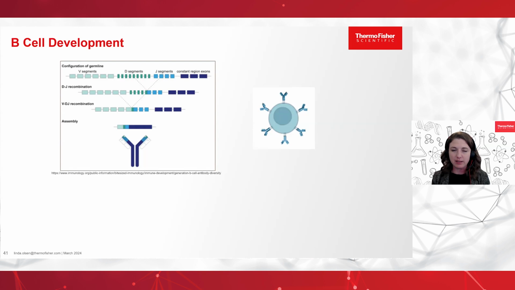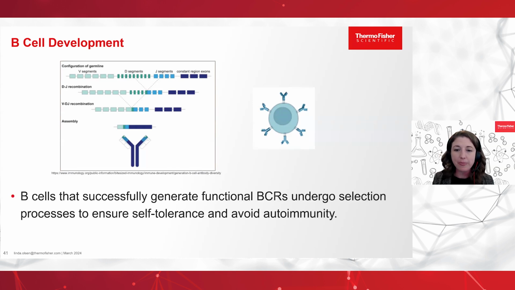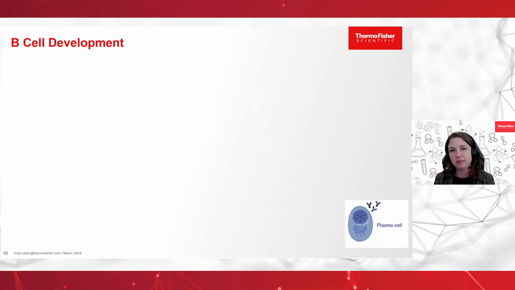And so, you get significant variability, significant possibilities in this somatic recombination as your body is creating these B cell receptors. So, if they successfully generate functional BCRs, they undergo a similar selection process to ensure self tolerance and avoid strong autoimmunity.